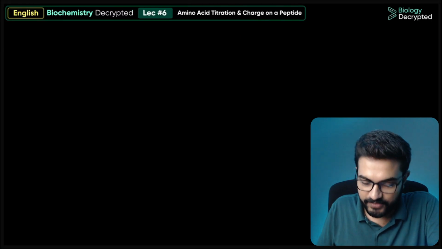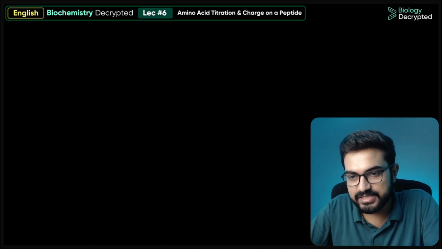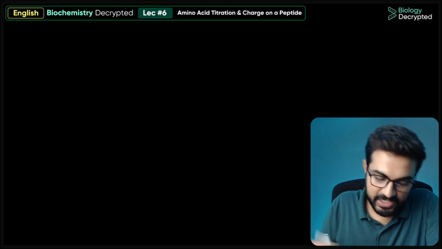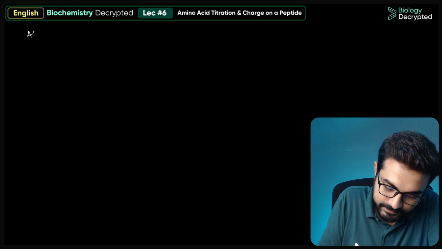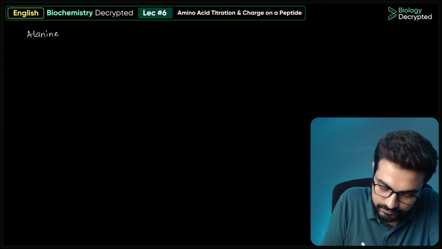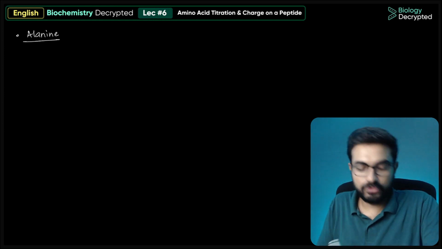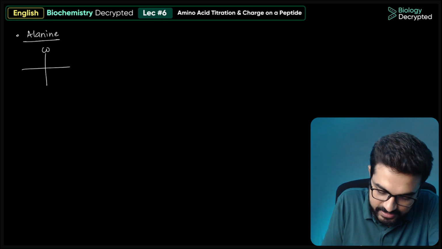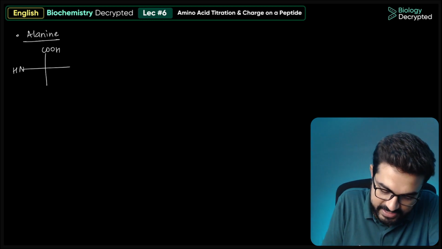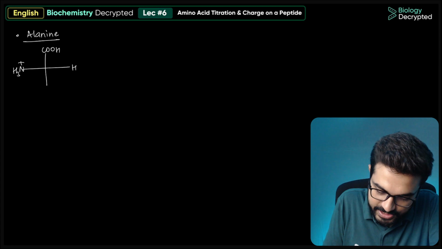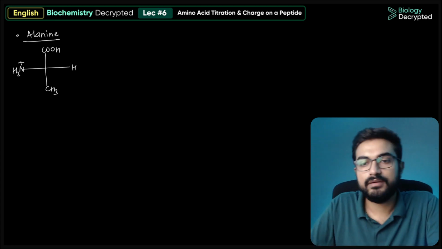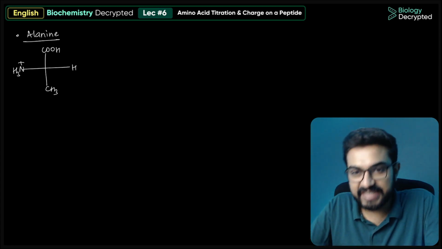Well, before that, let's look at the structures. So talking about alanine, this is the structure of alanine: COOH, NH3 plus, H and CH3. Now what will happen is the first ionization will take place.